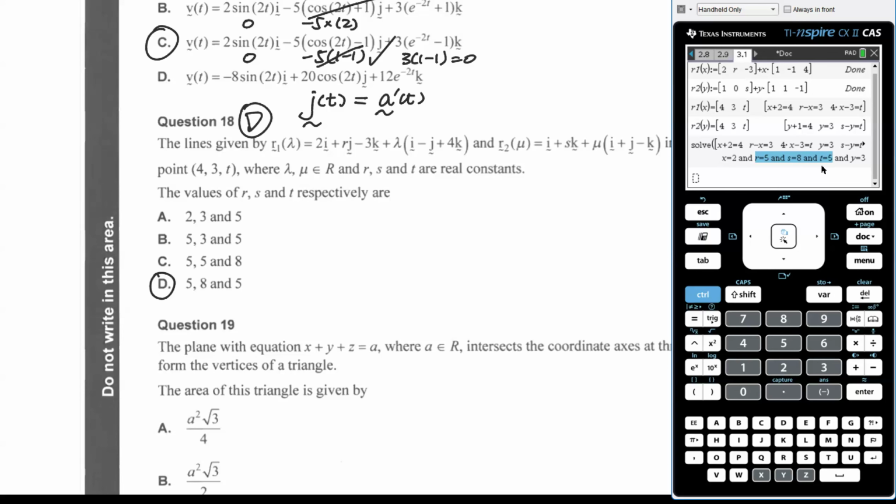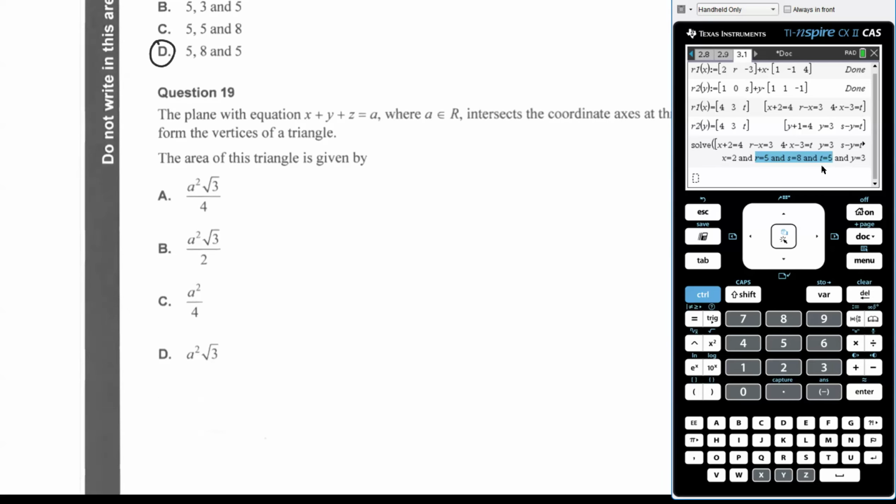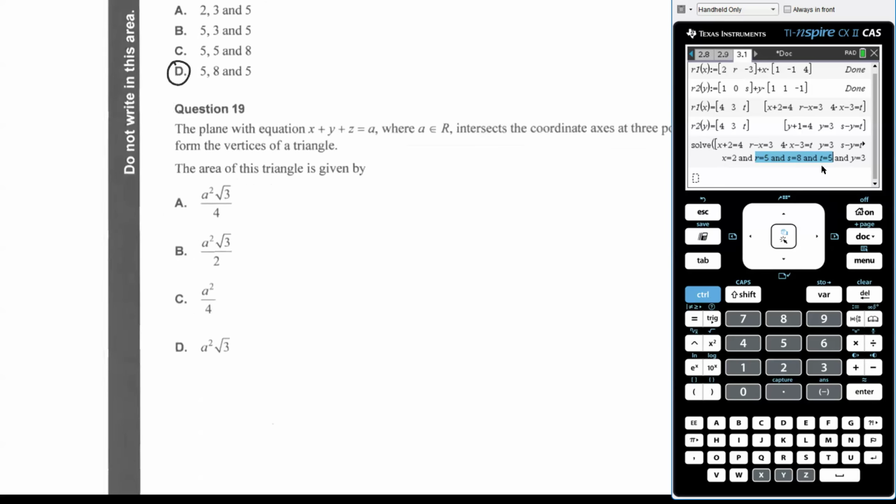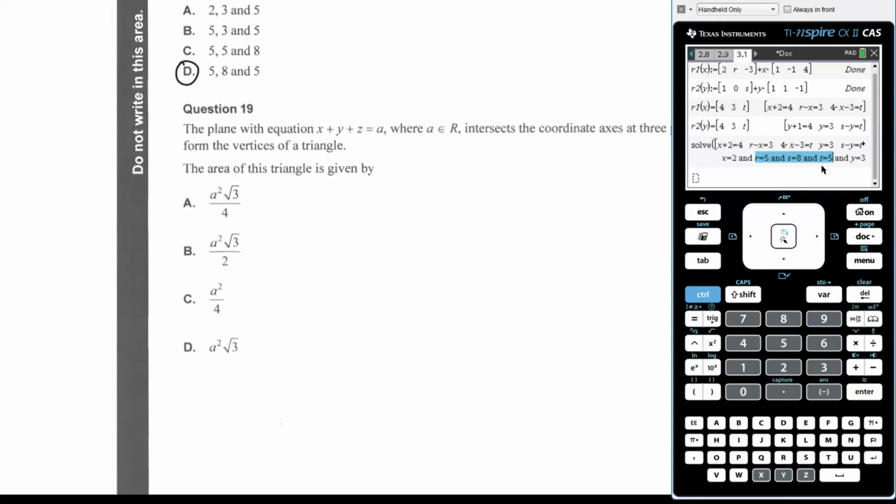Well, that sounds like a more algebraic question rather than calculus, but anyway. Question 19, the plane with equation x plus y plus z equals to a intersect the coordinate axis at 3 points that forms the vertices of a triangle. This is a lovely question.